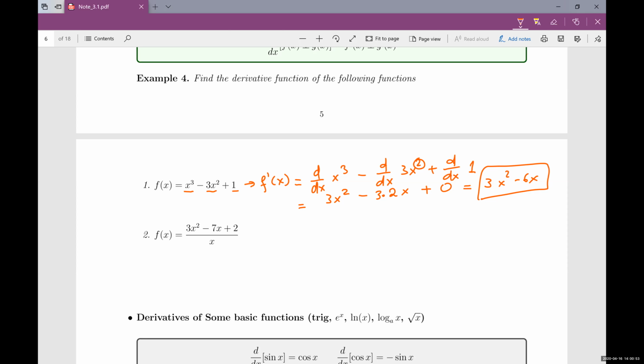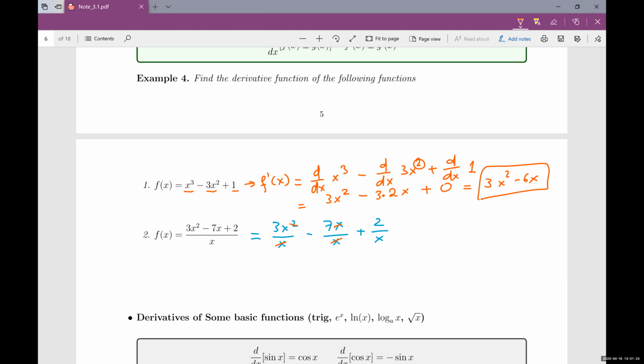So first I want to simplify this function by taking the numerator and splitting it into 3 different terms, and then I take each term divided by the denominator: 3x squared divided by x, minus 7x divided by x, plus 2 divided by x. Okay, so then I can simplify each of these. So x squared over x, the 2 is gone, x gone, x gone, and then 2 over x.